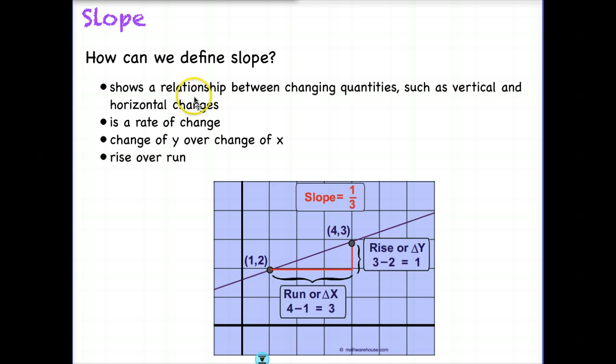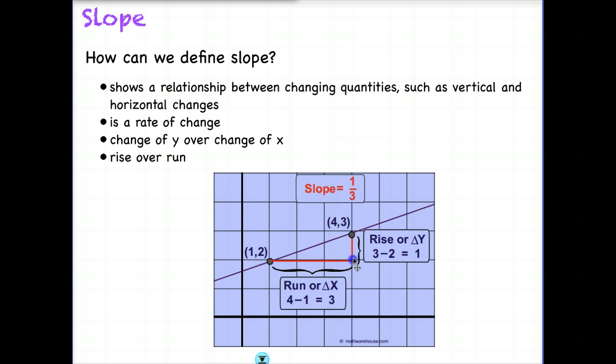Slope shows a relationship between changing quantities, such as vertical and horizontal changes. If you look down at this graph, you can see that our slope represents a change from this point down here, up to here. That is a change in our rise, the change in y values.